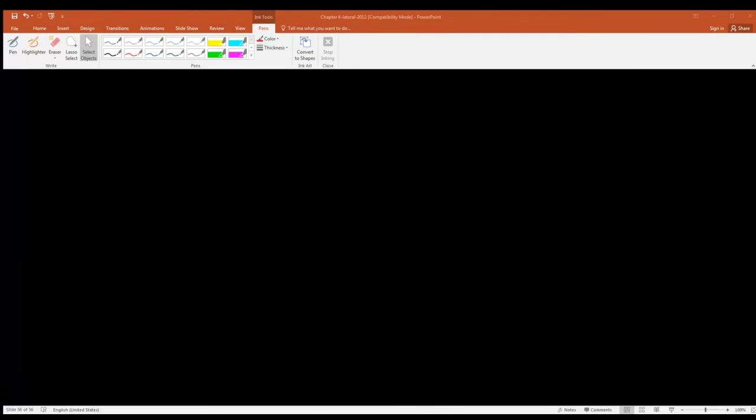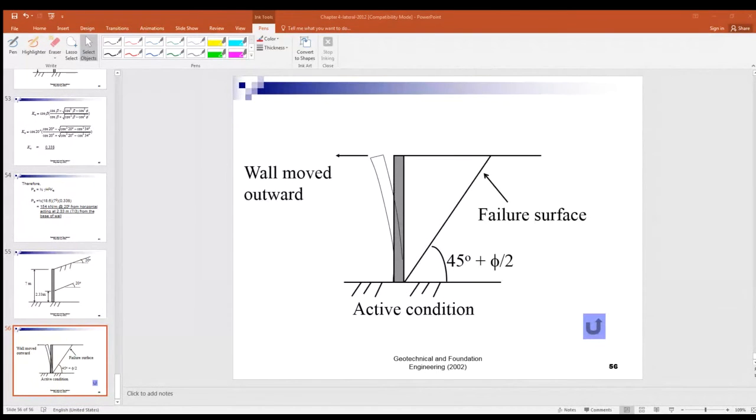So any question about the lateral earth pressure? It's a very important topic, in fact, and it is also a milestone development in soil mechanics, the horizontal pressure, because anything that moves horizontally is a complete disaster.